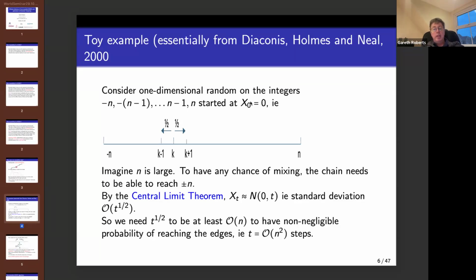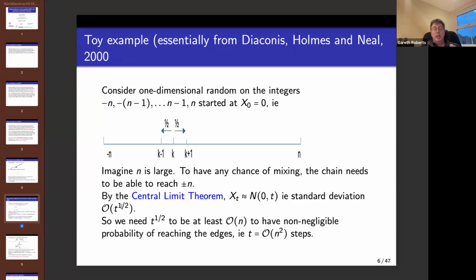Therefore, its standard deviation only scales as t to the half. So to have any chance of reaching the far reaches of this state space, i.e. close to -n or close to +n, we need this t to the half to be at least of order n. And that suggests that we need t to be at least order n squared.